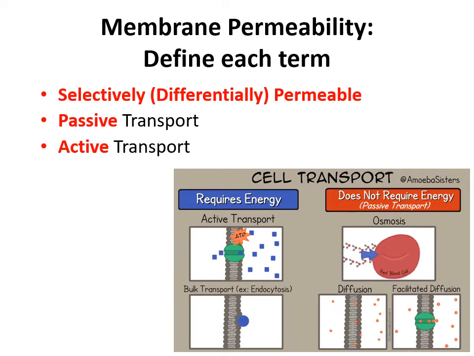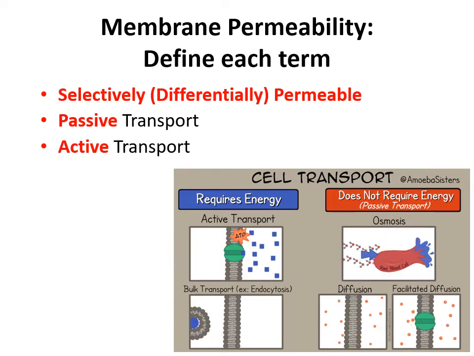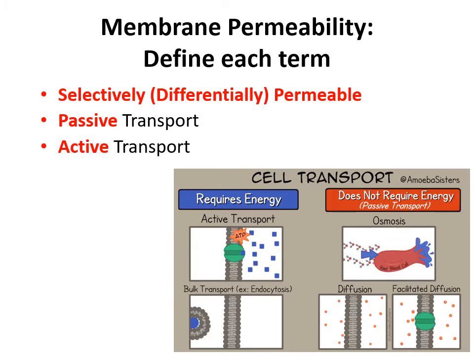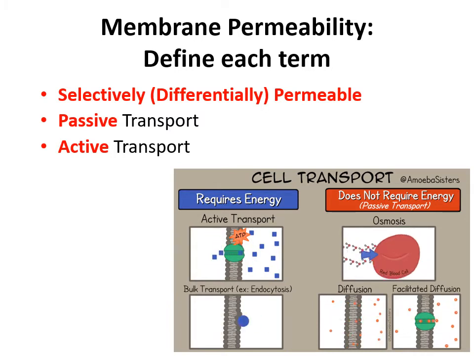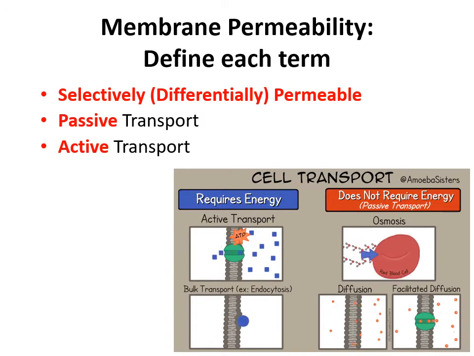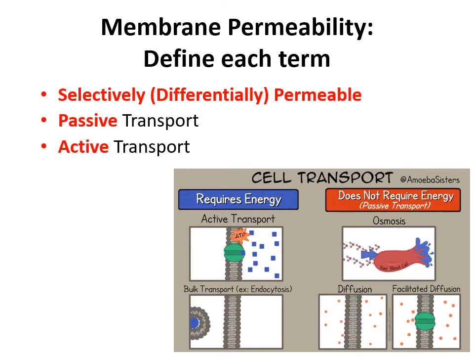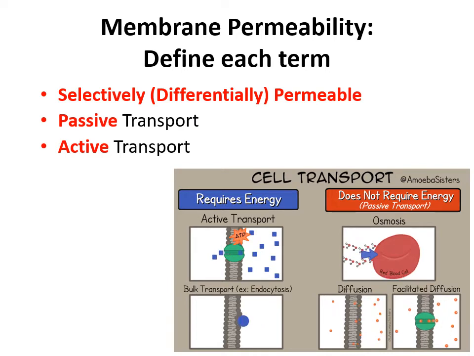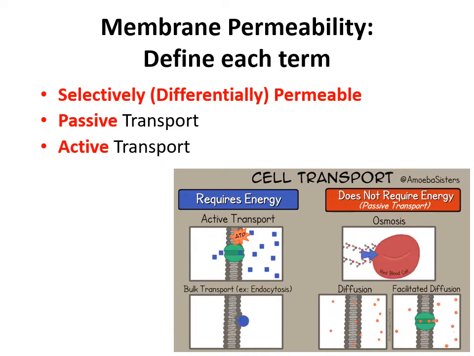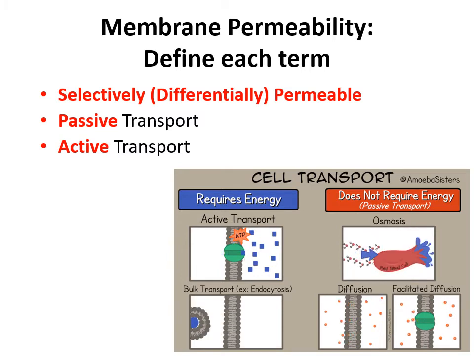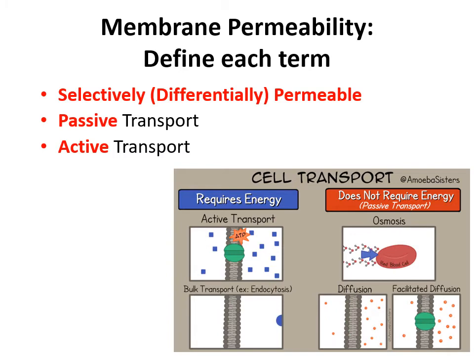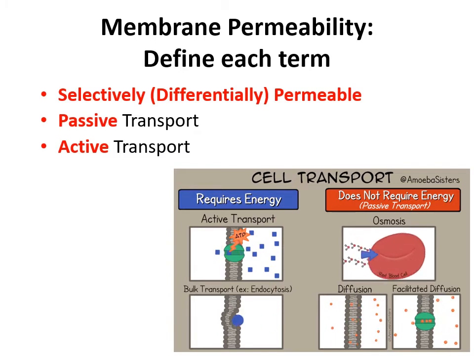Okay, so high to low movement is natural, passive, doesn't take energy. If you want to go against that gradient, meaning against high to low, you want to move something from low concentrations to high, that's when energy and active transport will be required. Okay, we're going to review this with specific examples and details of each of these types of transport.